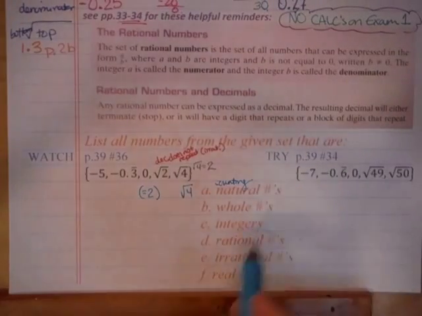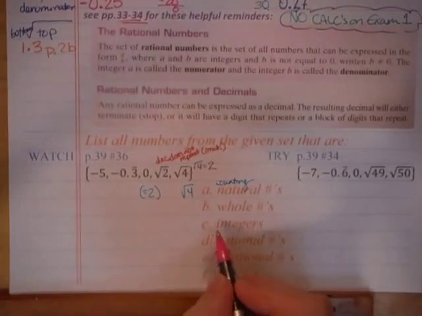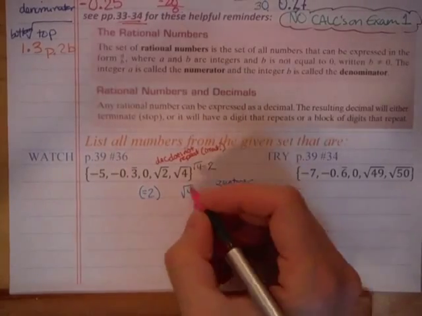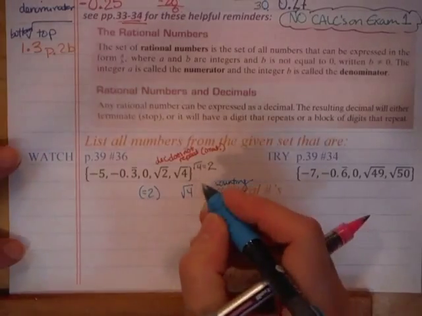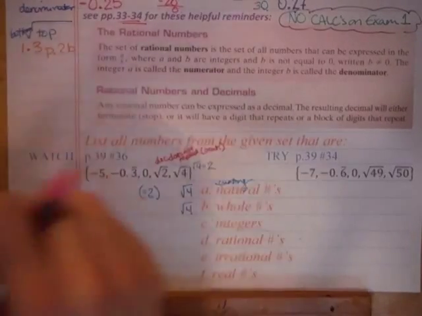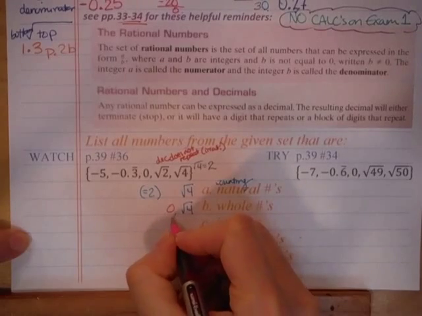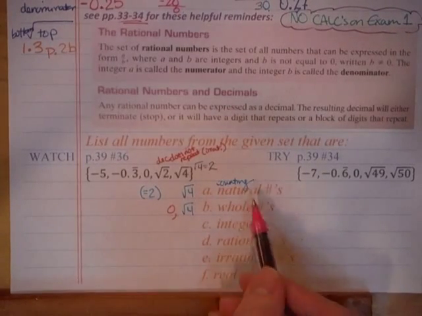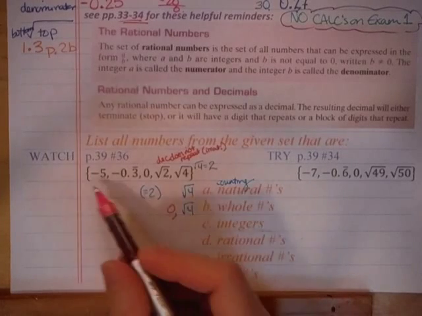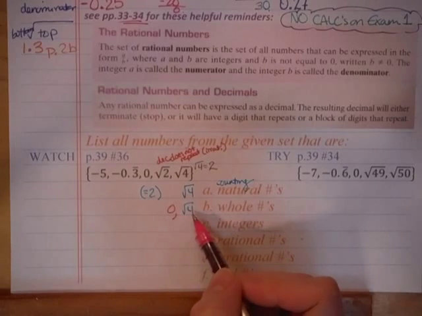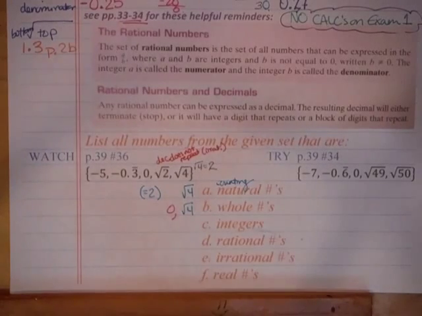And then part B, the whole numbers. The whole numbers are the counting numbers plus 0. So you're going to have radical 4 again, and you're going to have 0. So the 2 from this set that apply to that definition are 0 and radical 4, which is equal to 2.